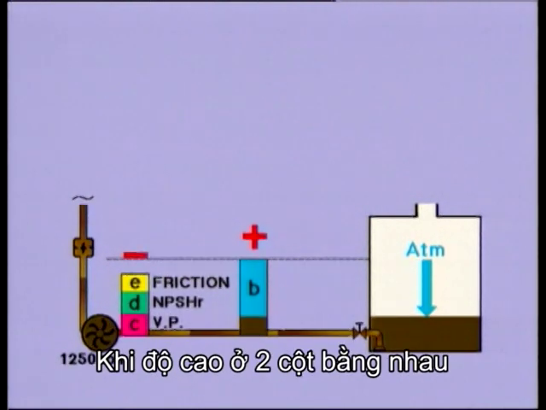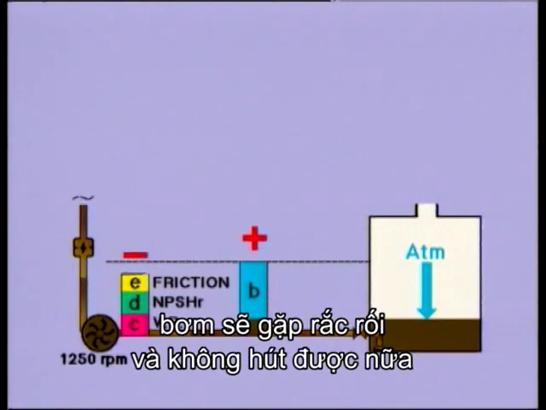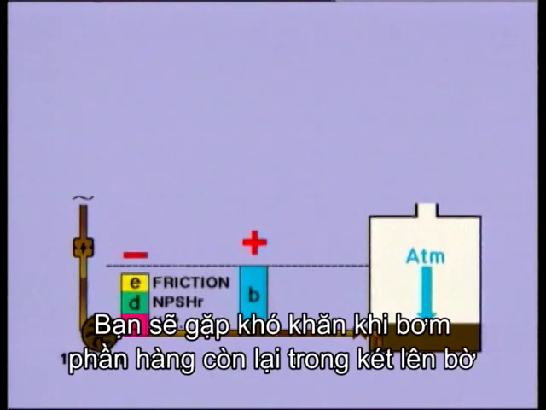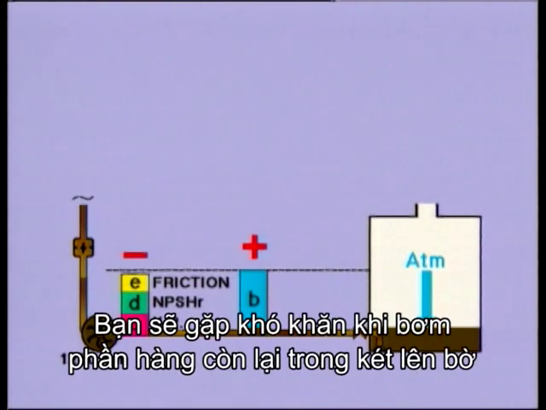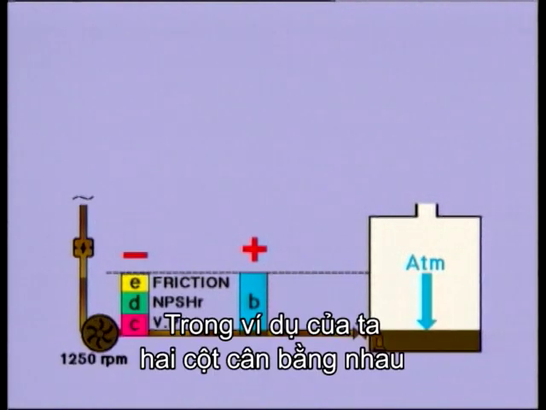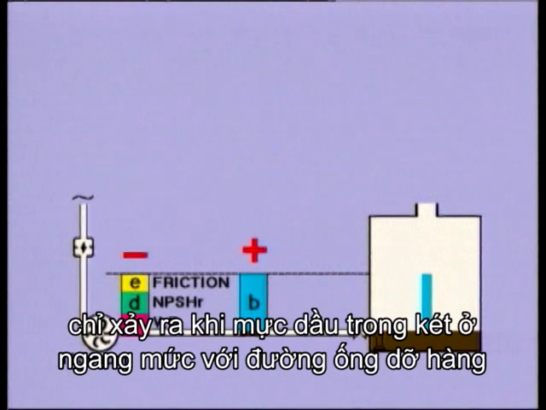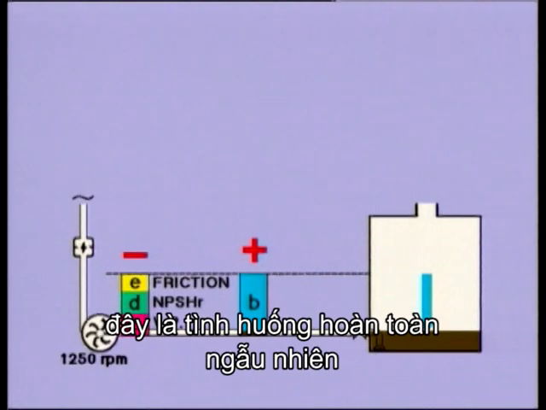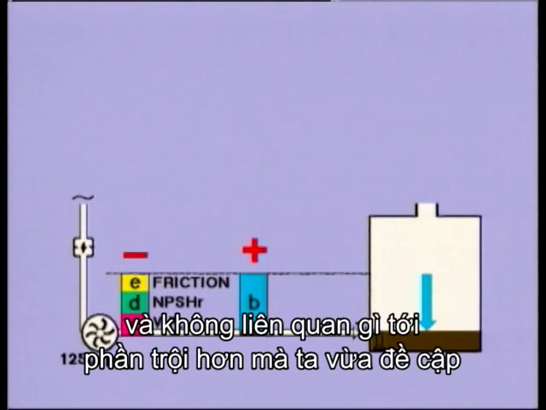When the heights of the two columns are the same, the pump will give you problems and soon lose suction. You will have some problems pumping the volume of cargo left in the tank to shore. In our example, the two columns just happen to be equal at the level of the discharge line. This is pure coincidence and has nothing to do with the lift mentioned earlier.